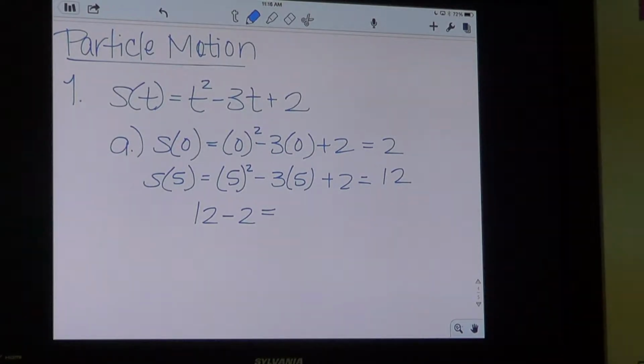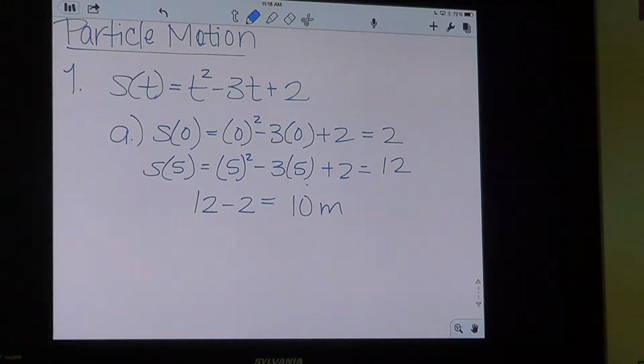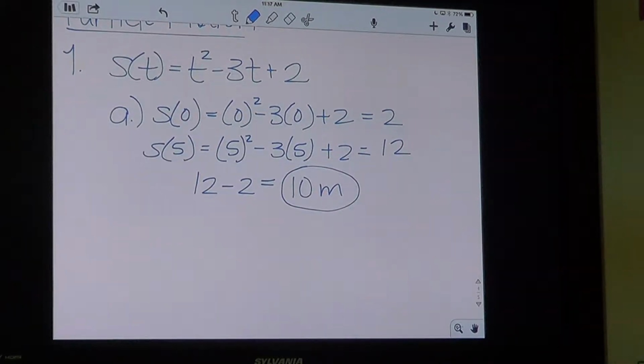Then they ask us to find the average velocity during the first 5 seconds. So how do we find average velocity? Absolute value? No, you're probably thinking of speed. We say speed is absolute value usually. Do you remember the formula for average velocity from physics? Displacement over time.